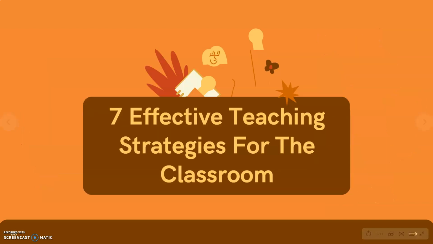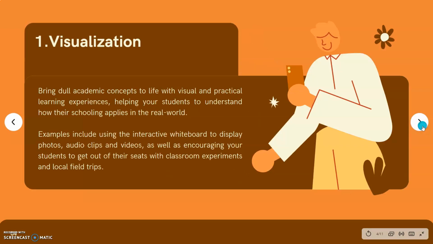So, our topic for this session is 7 effective teaching strategies for the classroom. Number 1, visualization. Bring dull academic content to life with visual and practical learning experiences, helping your students to understand how they can apply it in the real world.